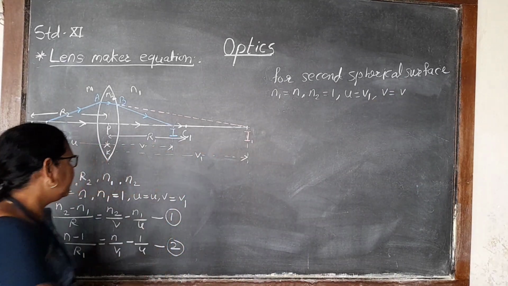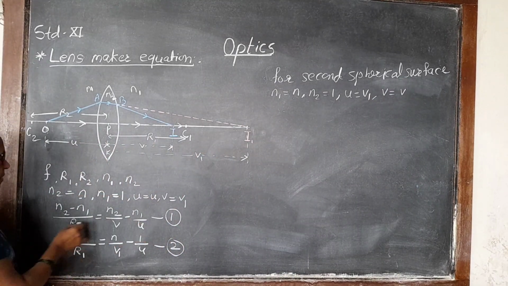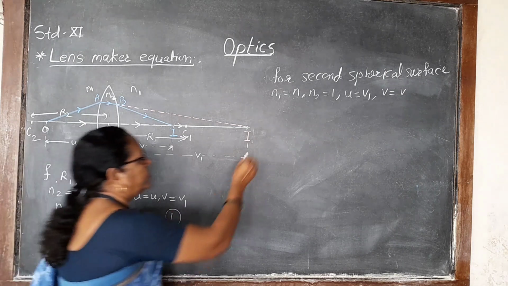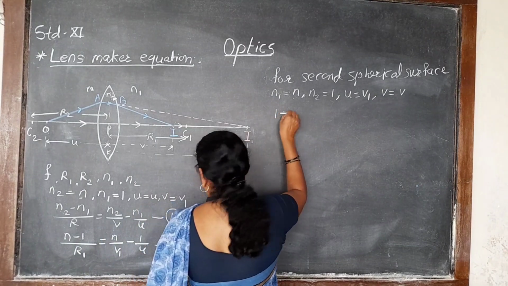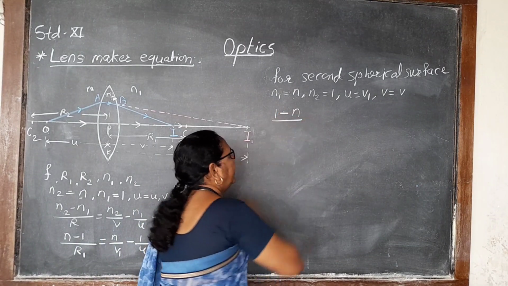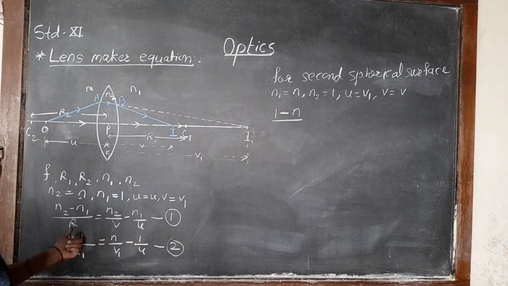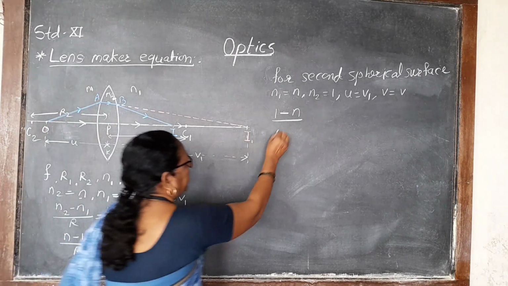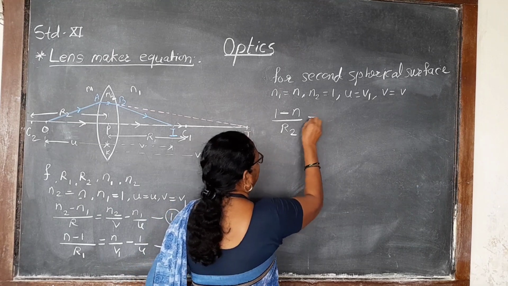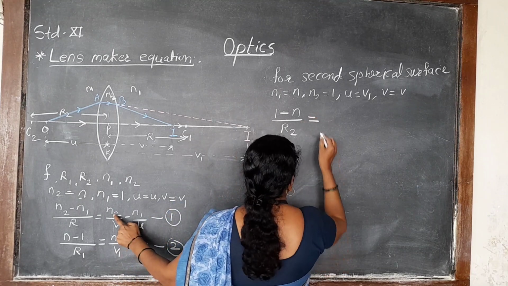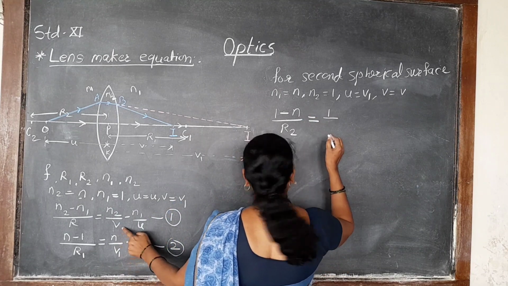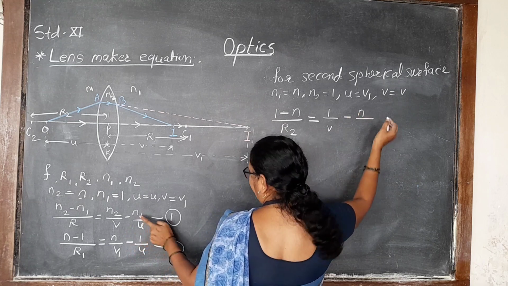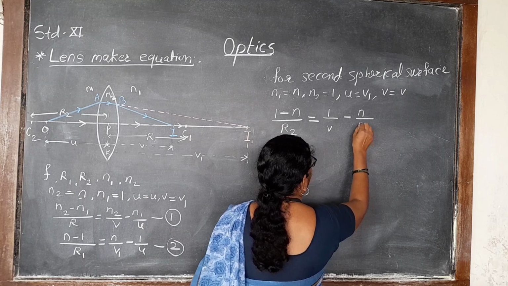Now substitute these values in your equation number 1. So N2 is 1, N1 is N. So here you get 1 minus N divided by the radius of curvature for the second surface R2. So here it becomes R2 equal to N2 is 1 divided by V minus N1 is N divided by object distance V1.